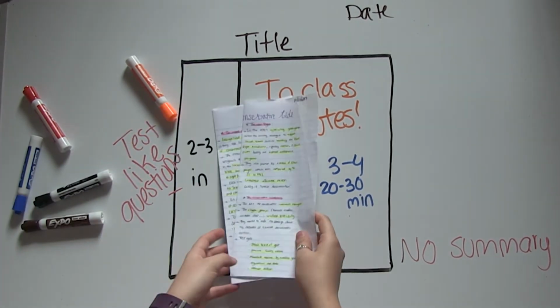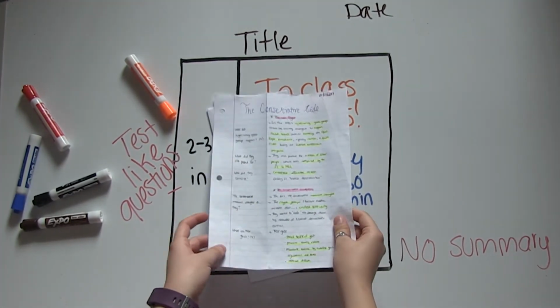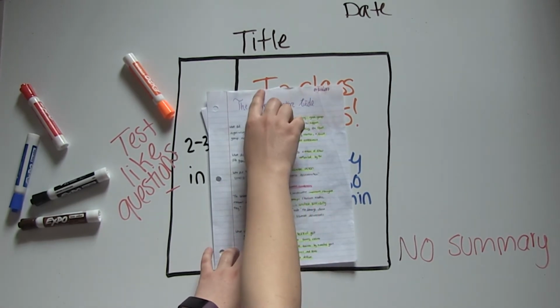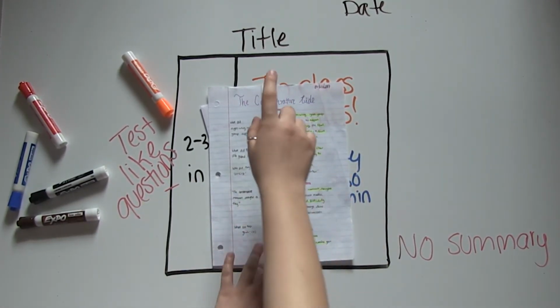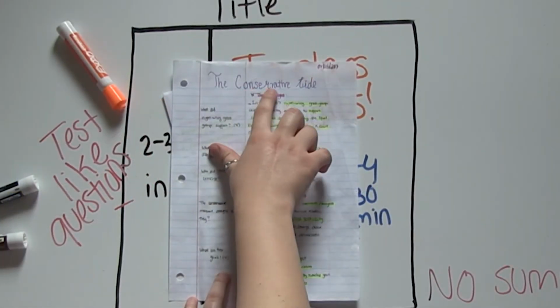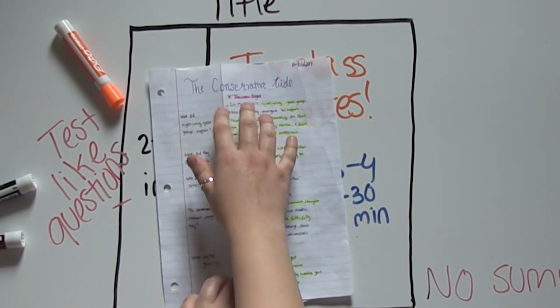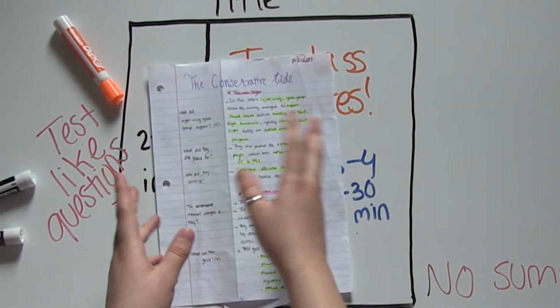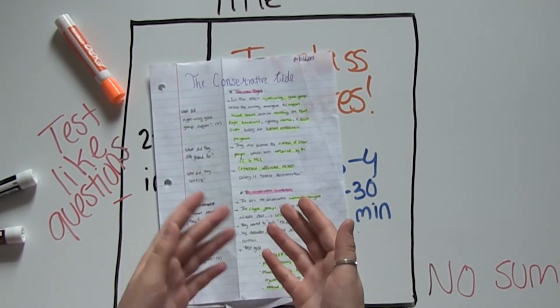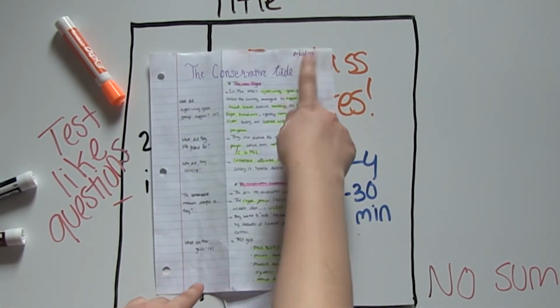I found these notes from my US history class last year, my junior year, and this is how I do it. I write the title, which is A Conservative Tide, with a kind of cursive style just to make it more interesting. And the date, that's very important.